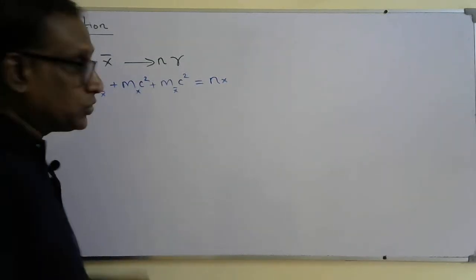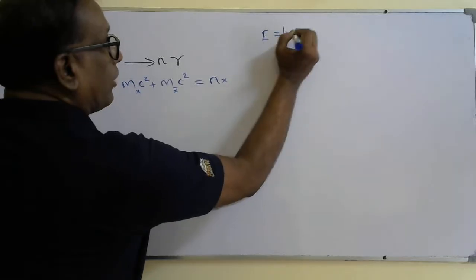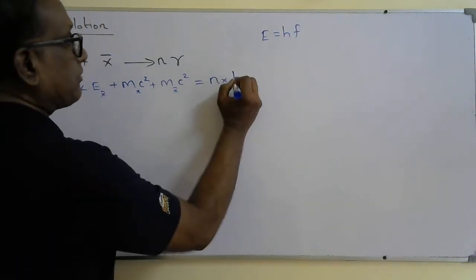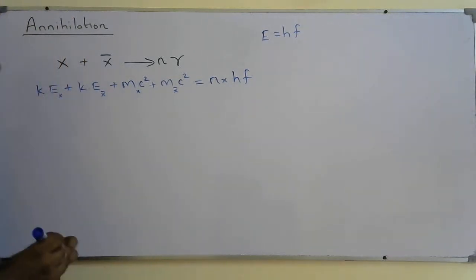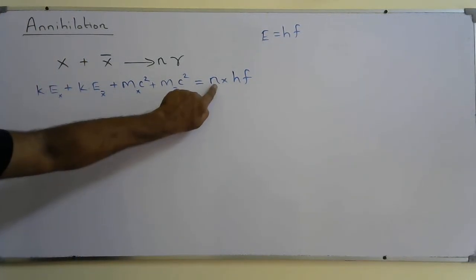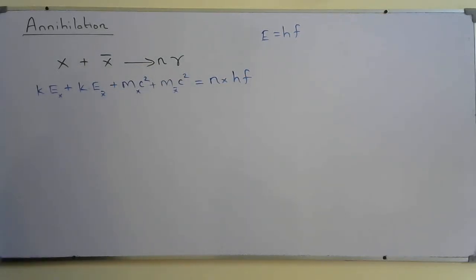We learned that in unit 2: E equals hf, or hc over lambda. So n times hf. If we know all these quantities and how many photons are created, we can find the frequency of the electromagnetic radiation released during this annihilation process.